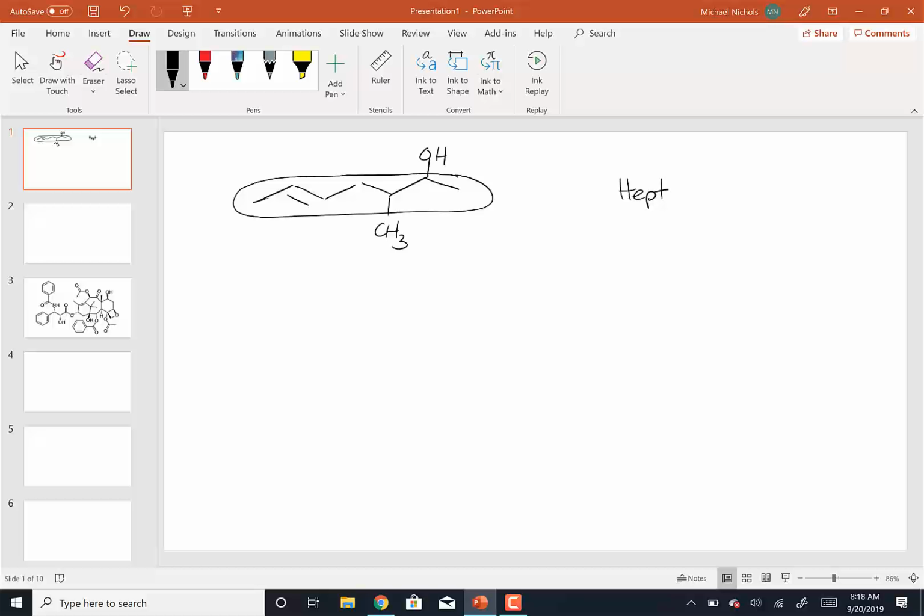Once we move past a double or triple bond up into the higher levels, there is a distinctive high priority group. OH is higher than double bond. So I am obligated to number from the end closest to the carbon with the OH. The OH takes precedence.